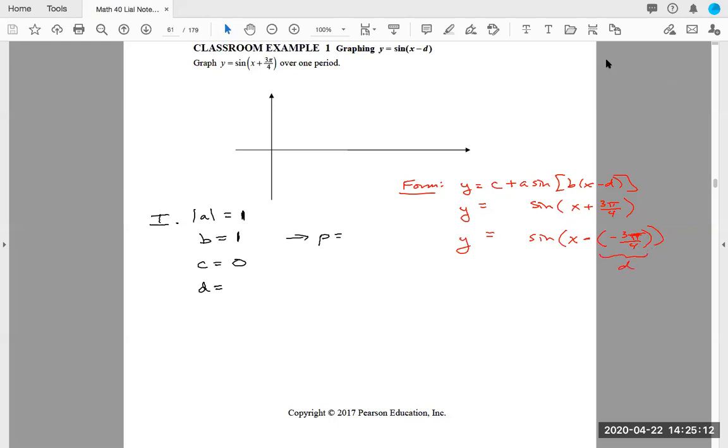So D should actually be negative 3 pi over 4, or 3 pi over 4 units to the left. So our parent graph, sine X, will be shifted by 3 pi over 4 units to the left. Now the period, remember, that's still 2 pi over B, so in this case, it'll just be 2 pi.